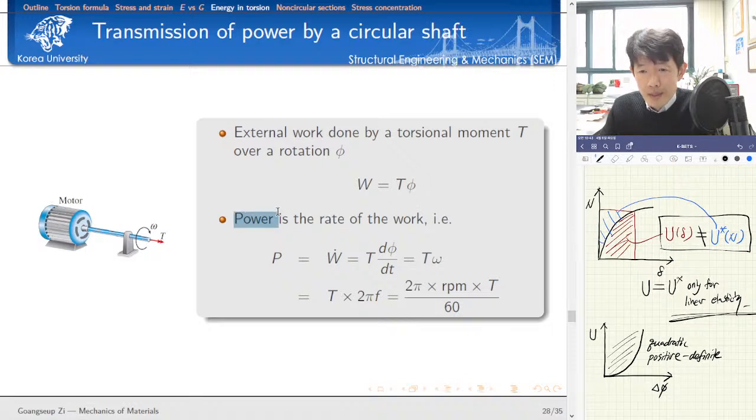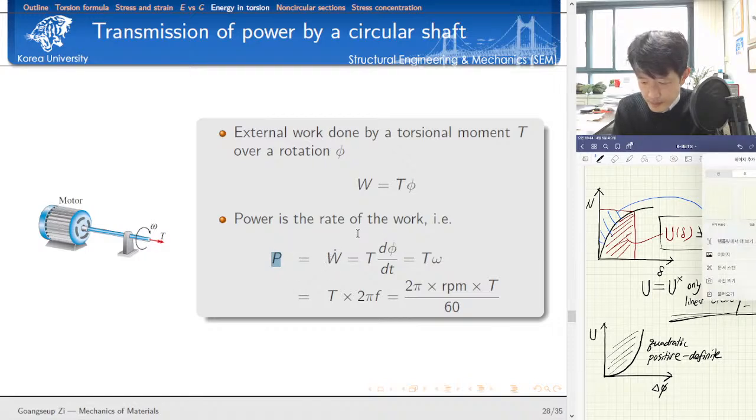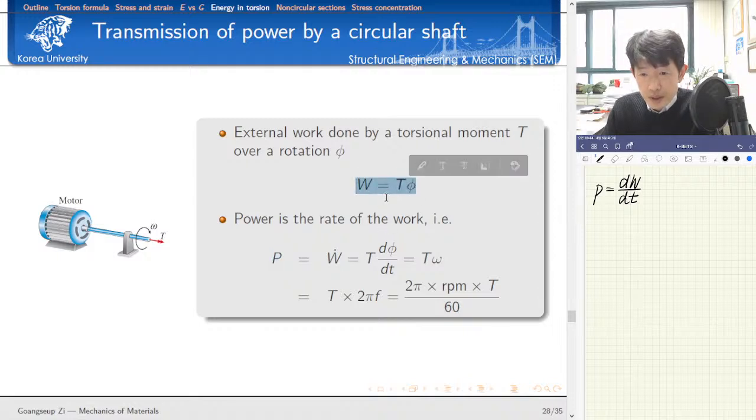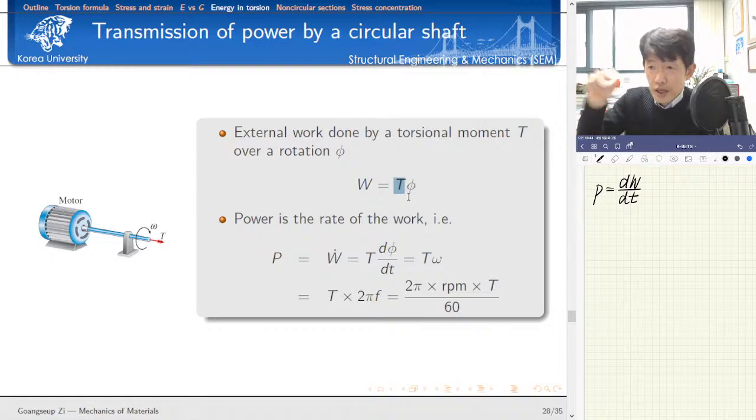Here power means the rate of work, the time derivative of work, easily speaking. That's why the power P is denoted by the time derivative of work. This is the definition, okay? If you consider this problem, let's say the torsional moment is constant and we have a change in the angle of twist.